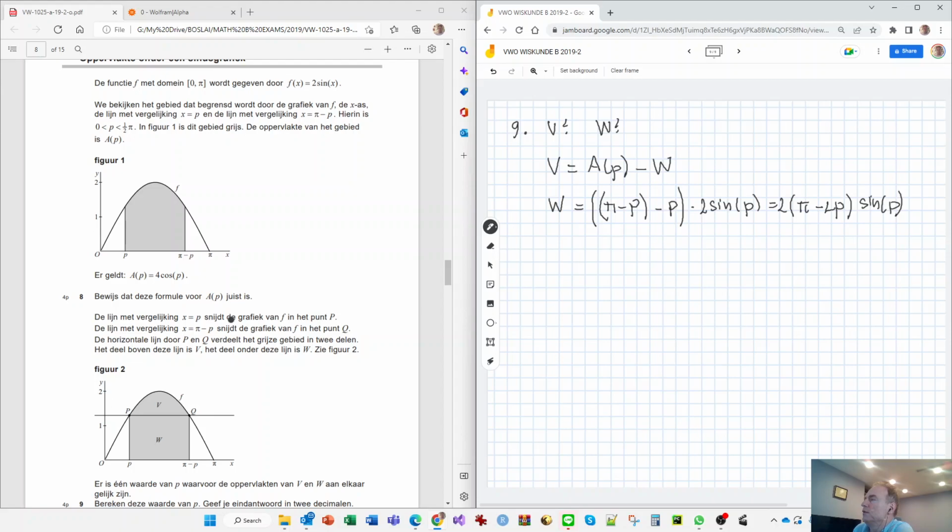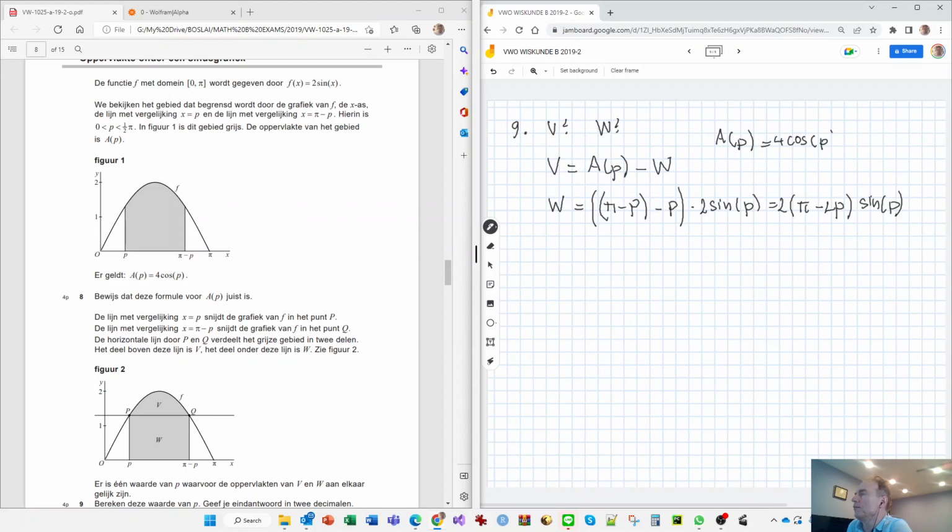and we want these to be equal. And AP is given by 4 cosine p.